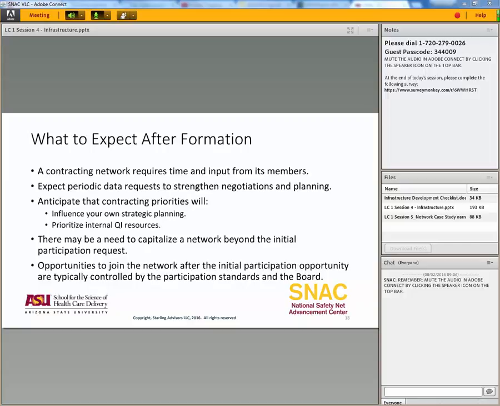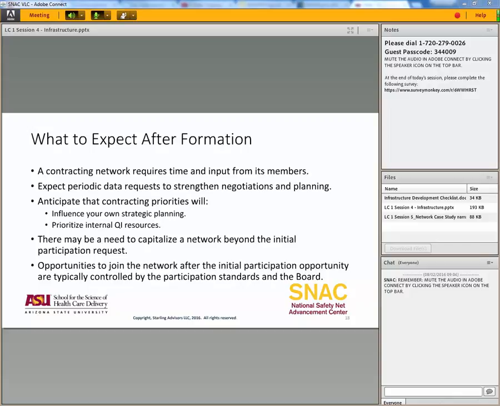There may be a need to capitalize the network beyond an initial request. A lot of networks get started with a very small contribution from those who intend to participate and use that capital basically to figure out their business plan, basically to figure out what services they're going to provide and how they're going to provide them and what they're going to cost.